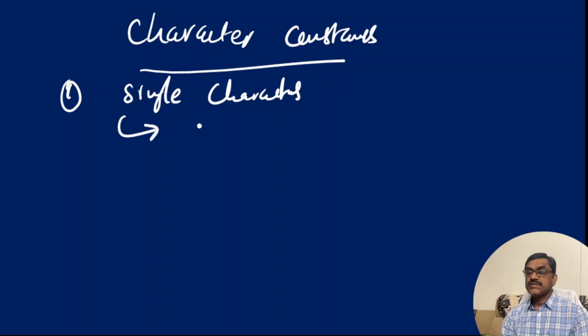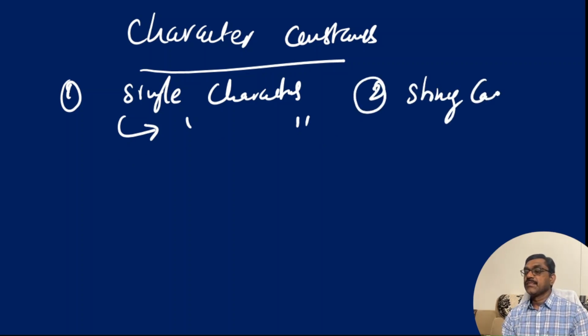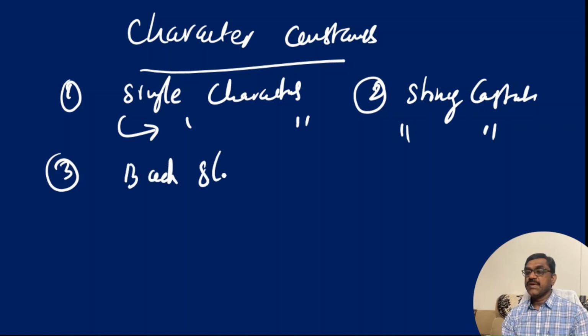Single character constants are always enclosed in single quotes. Now second one is string constants. String constants are enclosed in double quotes. And third one is backslash character constants. In backslash character constants, we have various types.